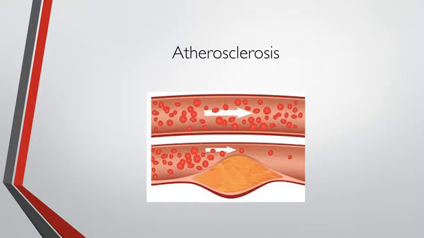Some other considerations for statin medications is that we want to check liver function tests, your ALT and your AST, because the liver does a lot of the processing with these statin meds, and that can cause liver damage over time. We also want patients on statins to get annual eye exams because they carry the risk of cataract formation.